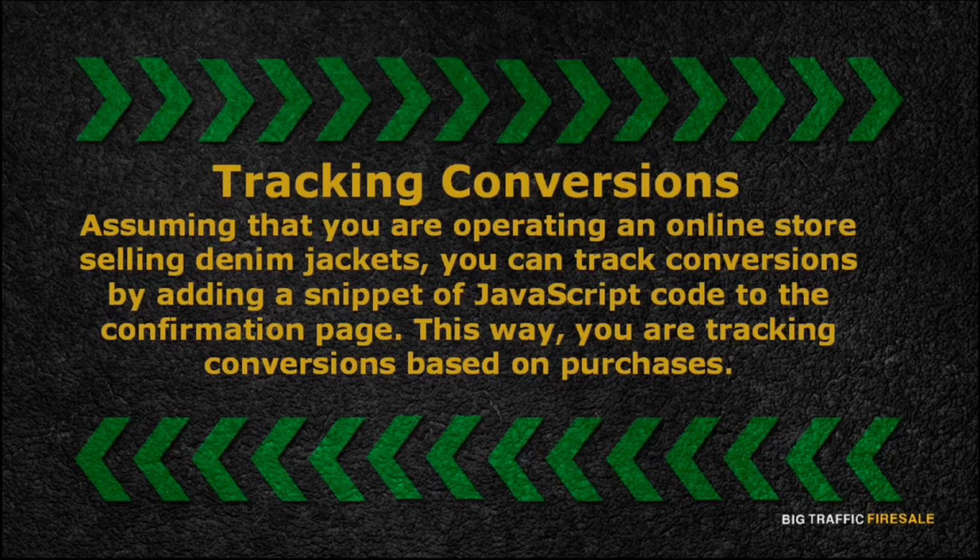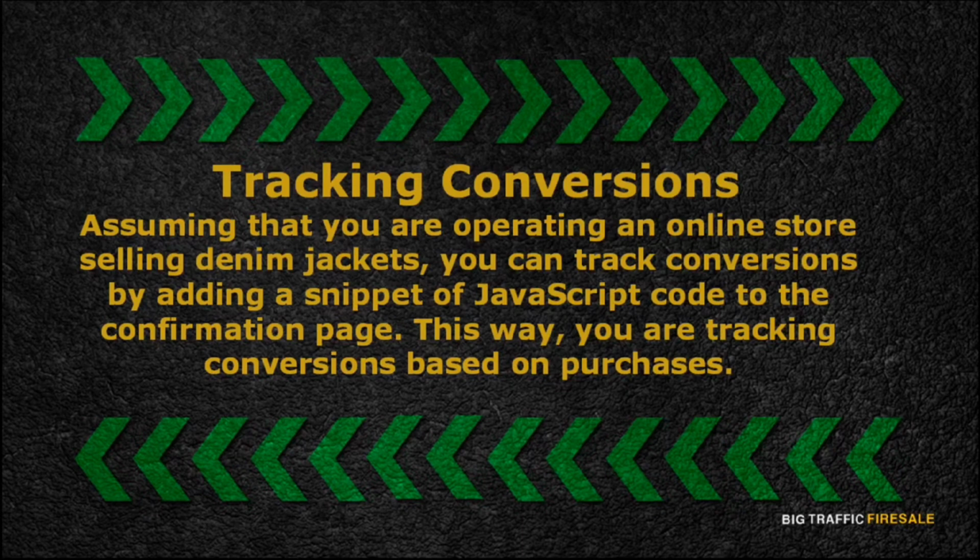For example, via online sales, assuming that you're operating an online boutique specializing in denim jackets. To track conversions, you add a single snippet of JavaScript code to the confirmation page where your users will view after they have paid for their purchase. In this case, you'll be tracking clicks on your AdWords campaign that convert into purchases.